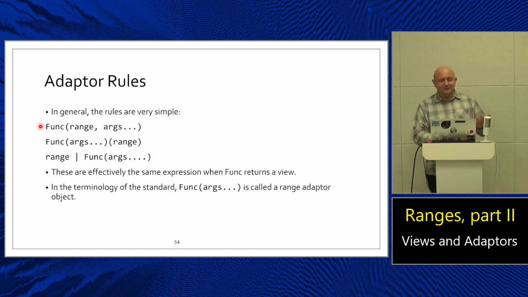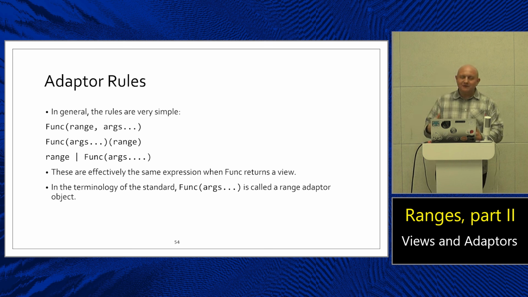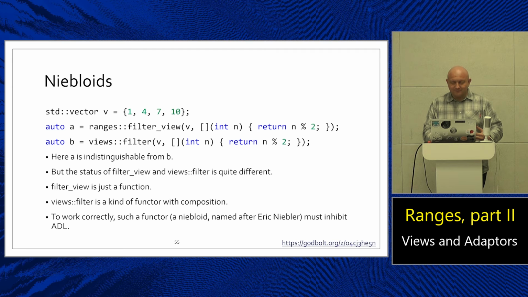If you have a view, you may pipe it with a range. This is a mental shift. Instead of calling filter view on a range, we treat filter as something that adapts a range. And the pipe operator is just syntax for applying that adapter to the range on the left.